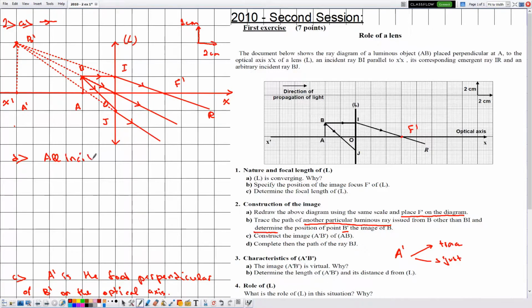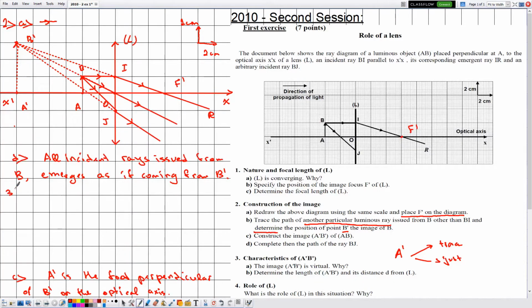All incident rays issued from B emerge as if coming from B prime. So this is it for part D.